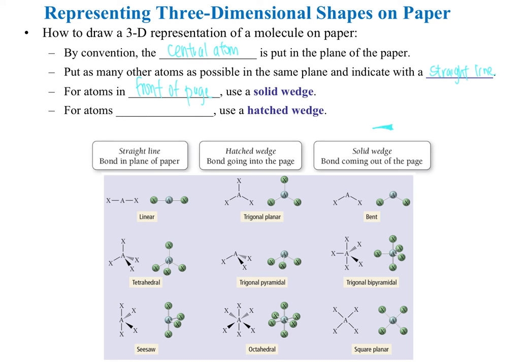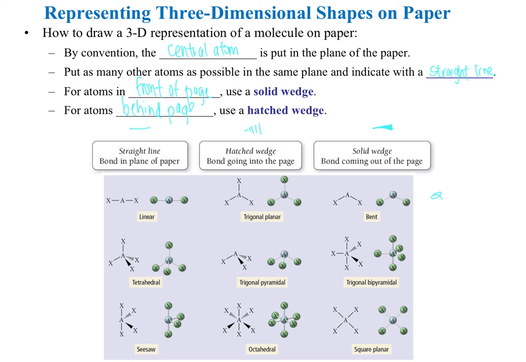For atoms that are behind the page, you're going to do a hatch, so something that looks like that, to try to make it look like it's behind. And if it's in the plane, it will just look like a straight line.